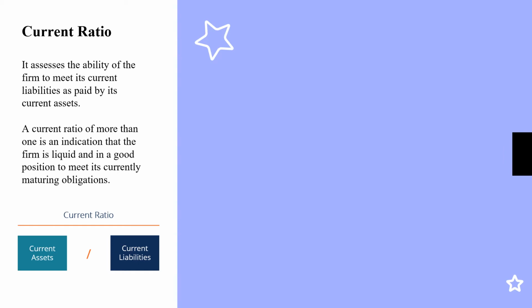A current ratio of more than 1 is an indication that the firm is liquid and in a good position to meet its currently maturing obligations. So, if the ratio we get in our computation later is more than 1, that means the firm is more liquid. Okay? So, let's compute.